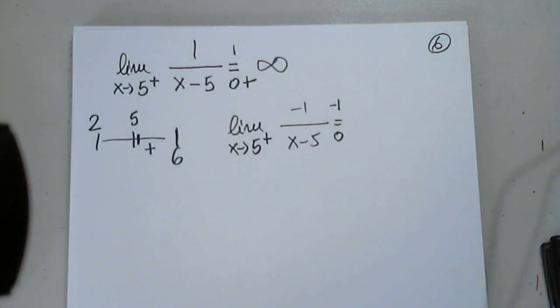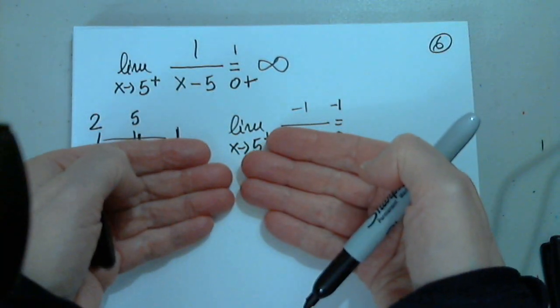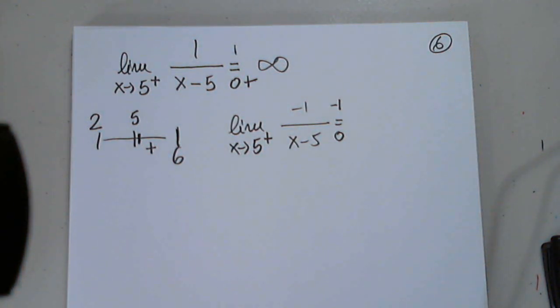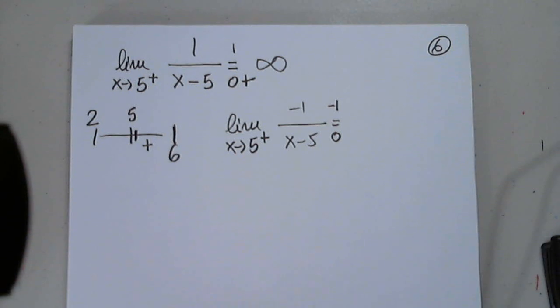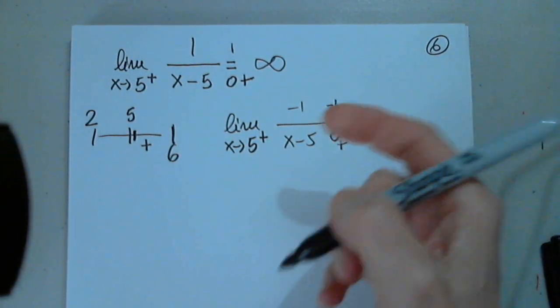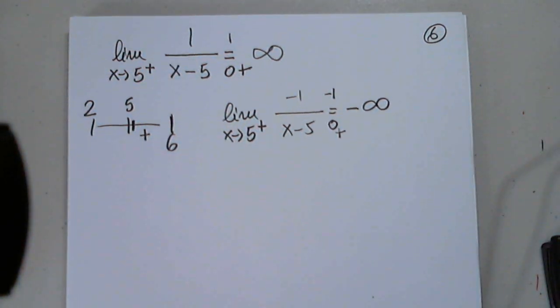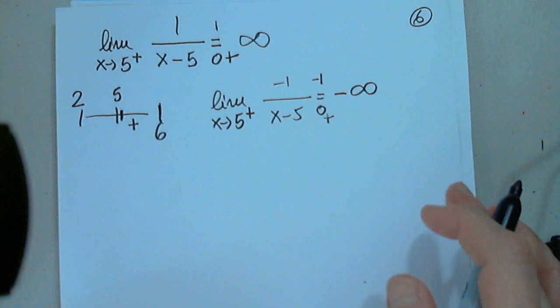I will give you an example in a minute. Only when both sides go to different things will it be DNE, although that can happen too for one side. So the numerator is negative, the denominator is positive, as we just discussed, so the answer will be negative infinity.